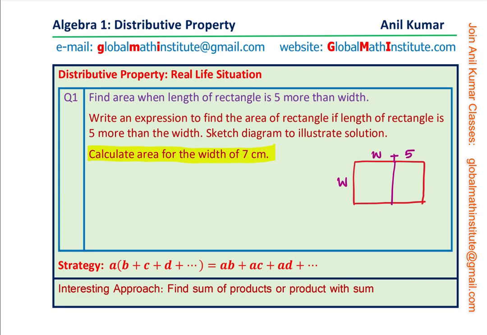But now we are given that the width is equal to 7. Now we need to calculate the area. So basically you could say that we are multiplying 7 with 7 plus 5. You get the idea, because the other side now will be 7 plus 5.